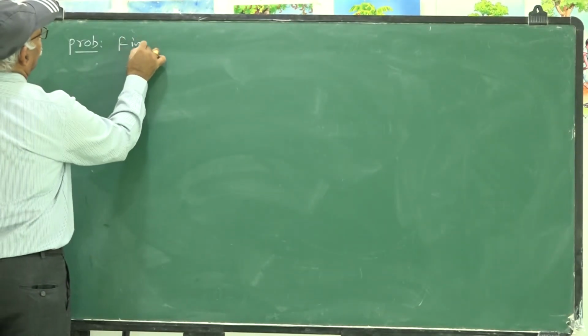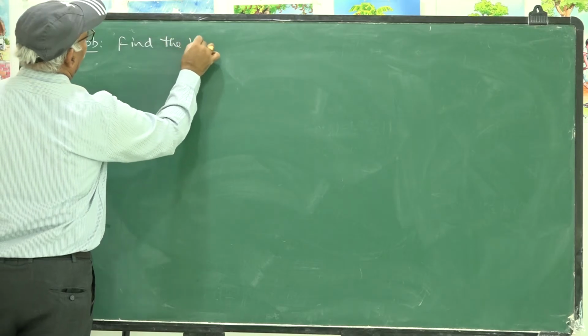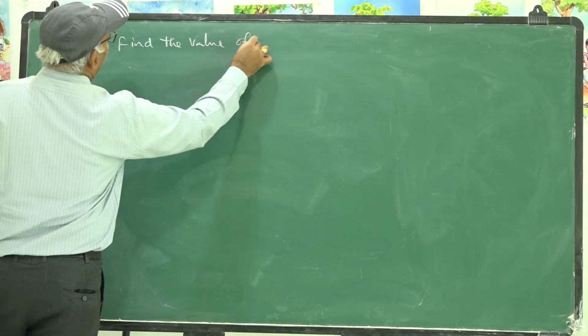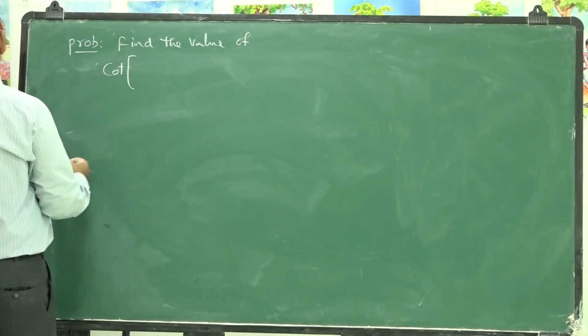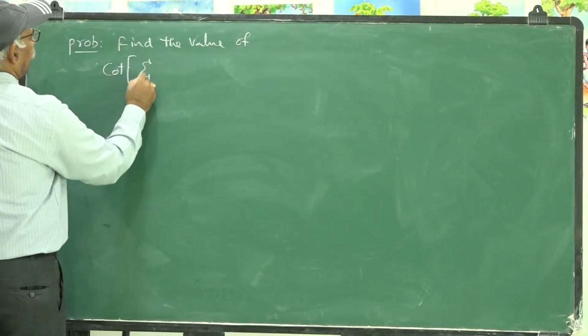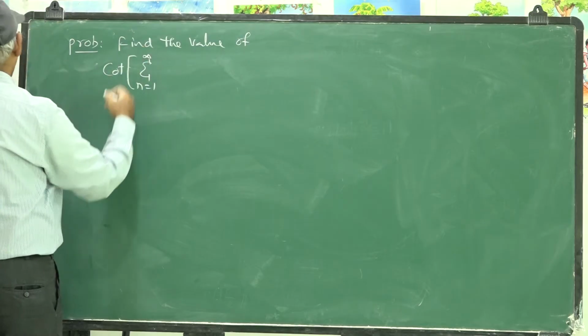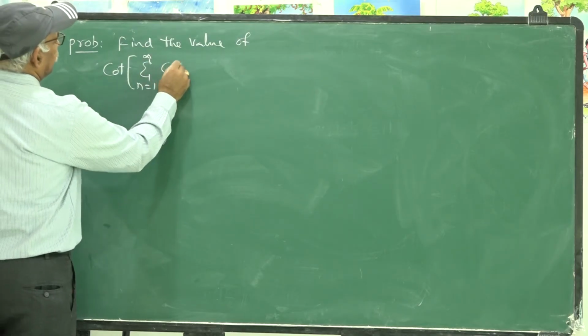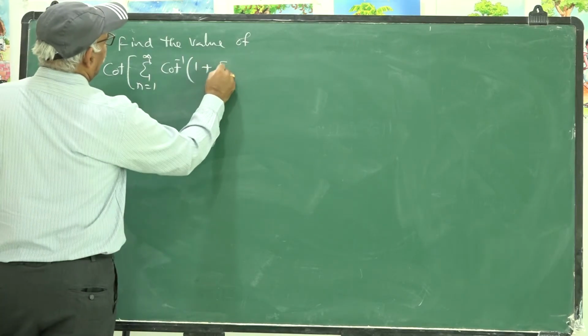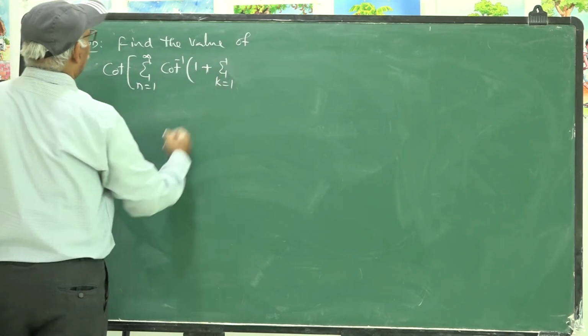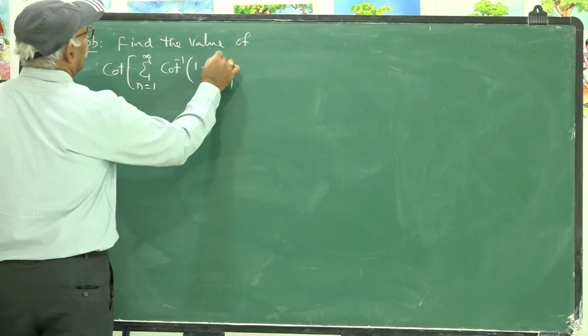Find the value of cot of sigma n equal to 1 to infinity cot inverse of 1 plus sigma k equal to 1 to n 2k.